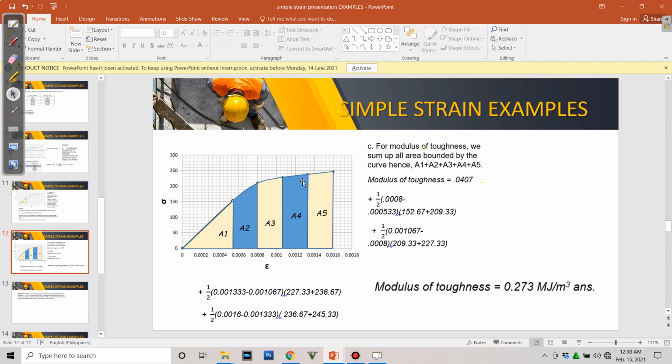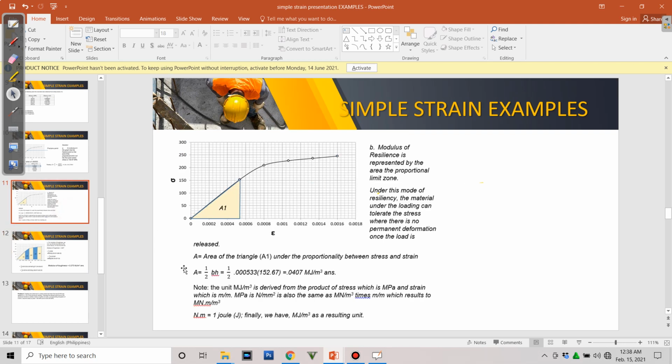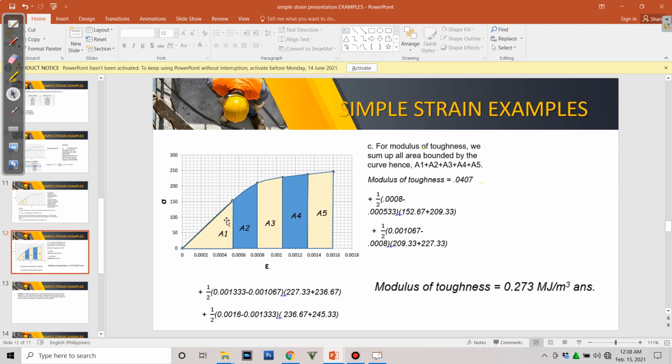Okay, so area 1 is the triangle. We just have to get here the first value, 0.0407, which was computed for the modulus of resilience, the triangle here. For area 2, just consider the point here. We have 0.008, the upper limit, and 0.0053.